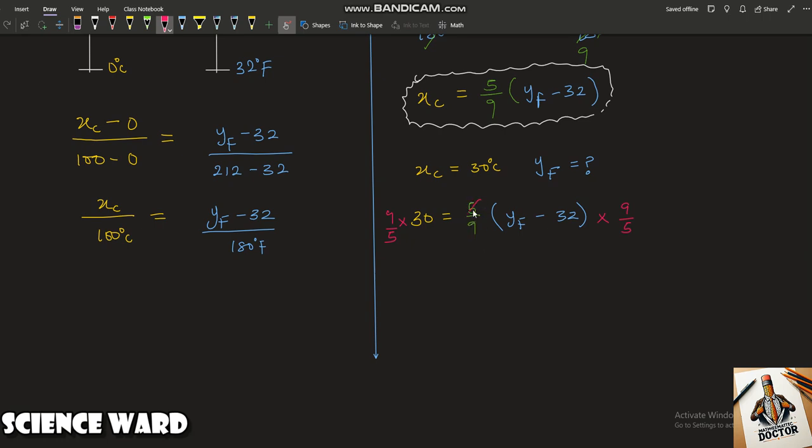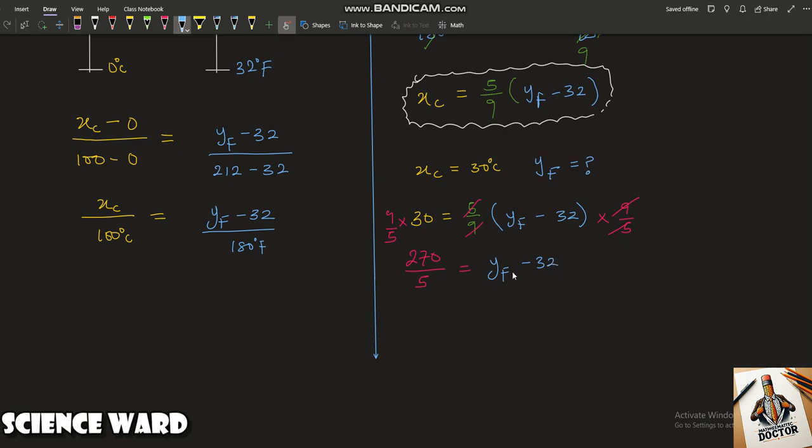If I do that, 9 cancels 9, and I'll get 9 multiplied by 30, that will be 270. So that will produce 270 over 5, and that's going to be equal to, on this side, YF minus 32.